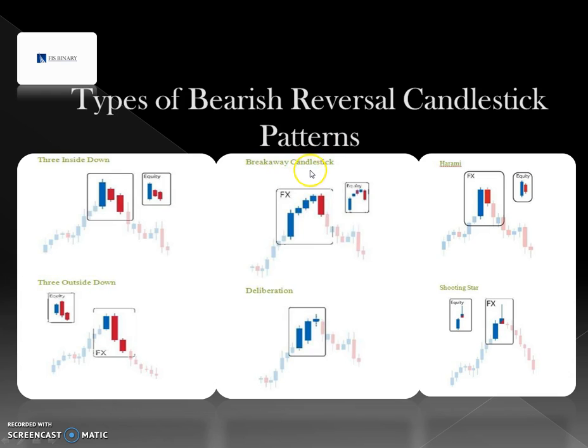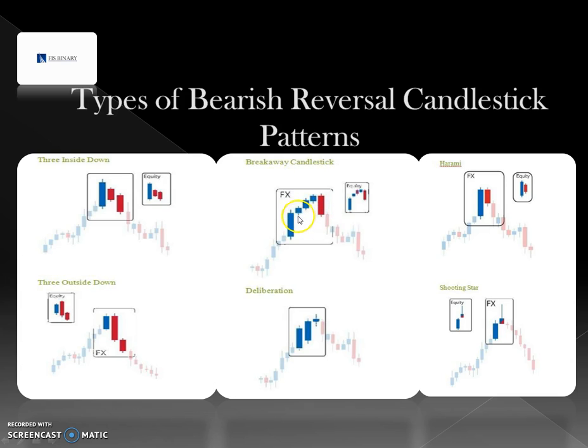Now, when we come to the breakaway candlestick, what happens is that a bullish candlestick forms, followed by 3 more bullish candlesticks, then a bearish candlestick forms. When the bearish candlestick forms, it opens at the same closing price as the last bullish candlestick and closes at the same opening price of the second bullish candlestick.